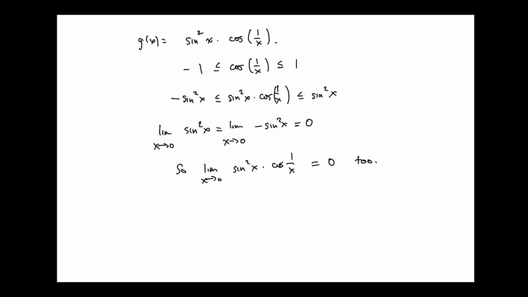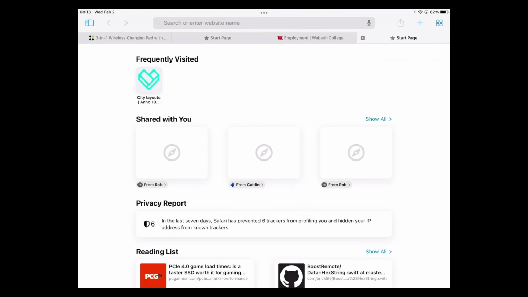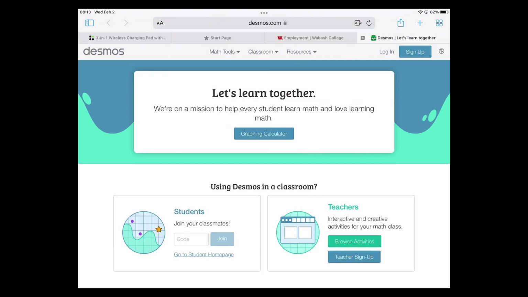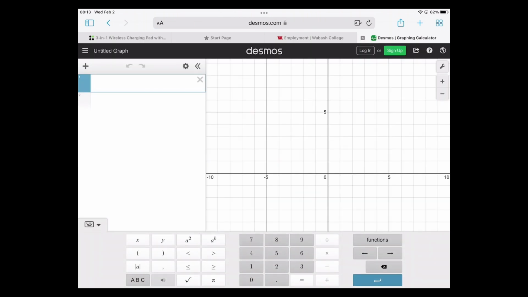Okay, good. All right. So I need Safari. I need Desmos. Okay, so I'm going to graph three functions. I'm going to graph sine squared of x and its negative, because we were interested in those.